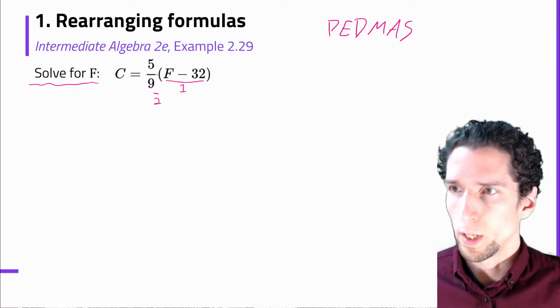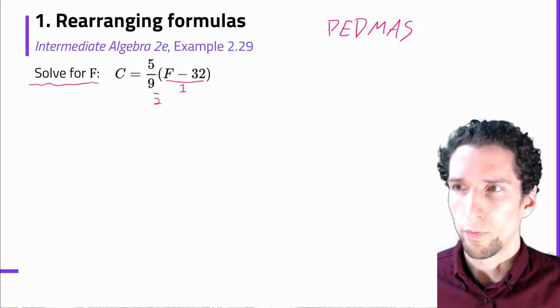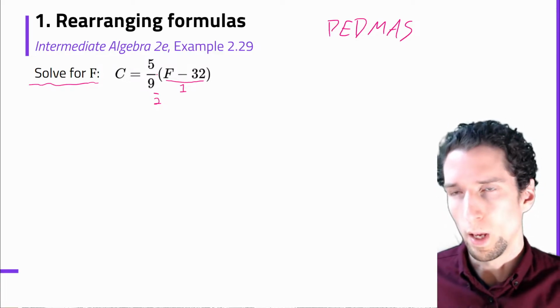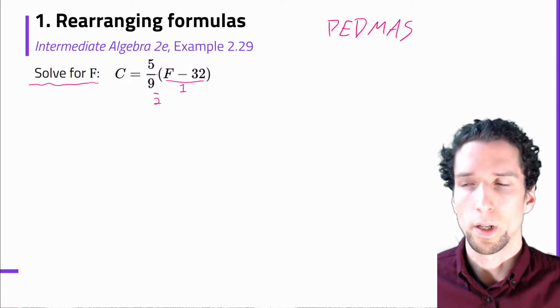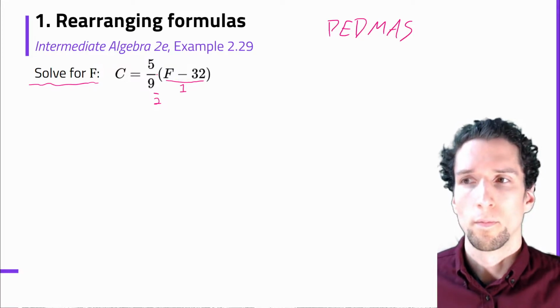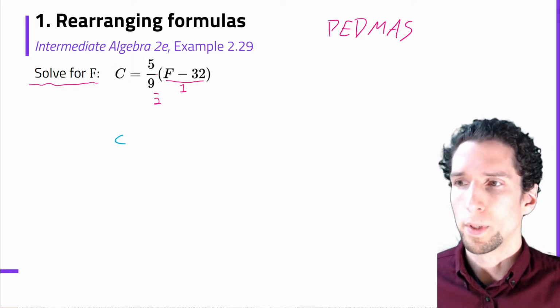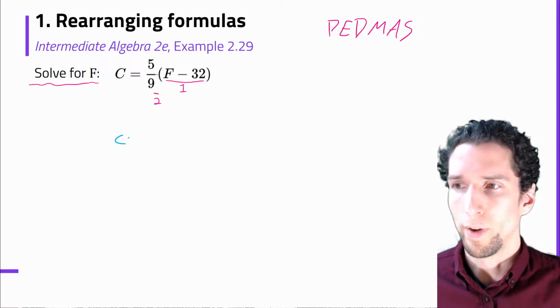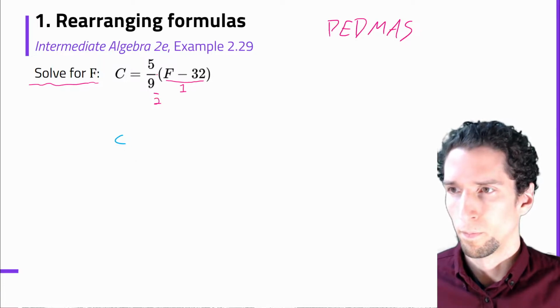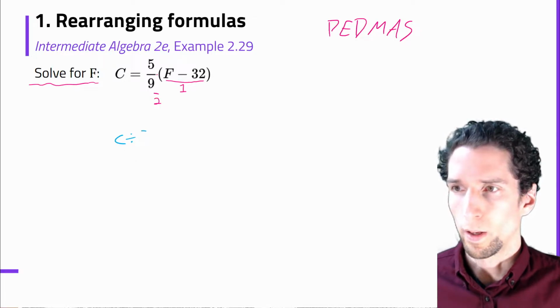Okay, so our first line here, C. We want the 5/9 to be on the other side, so we need to do the opposite operation. We have 5/9 times F minus 32, so we should be dividing by 5/9.